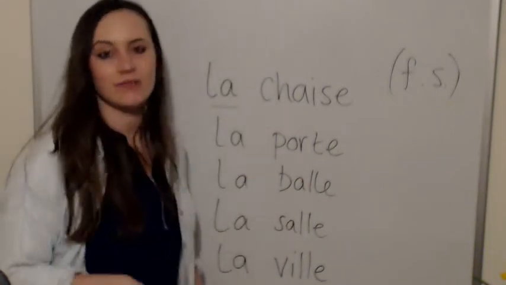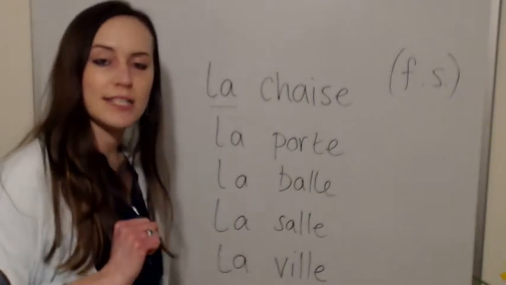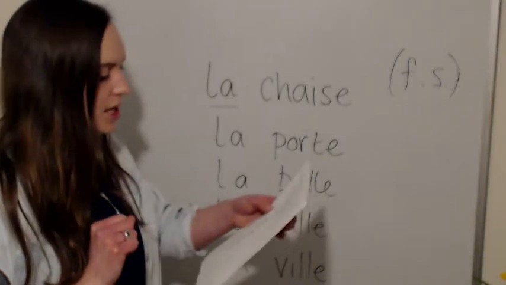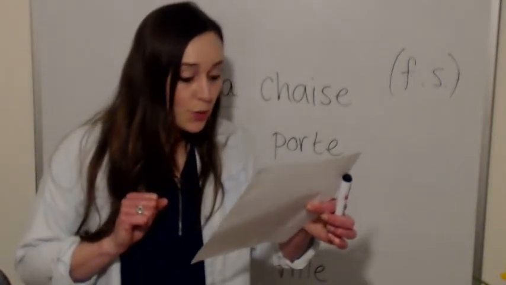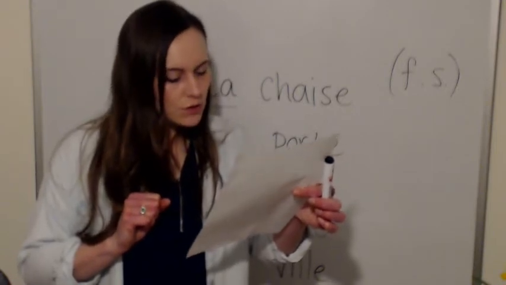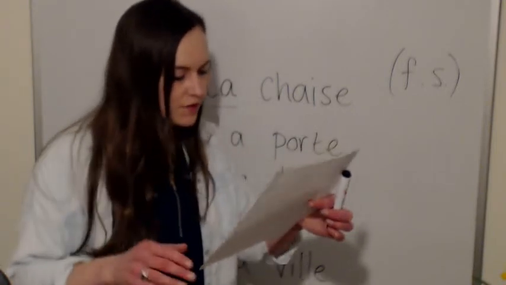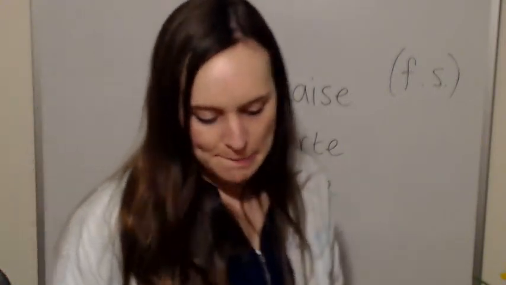La ville, the town or city. So we have le for masculine singular nouns such as livre, le stylo, le bar. What was the other one? 1, 2, 3, so that's three of them. It's five for now. And then we have la for the feminine ones.